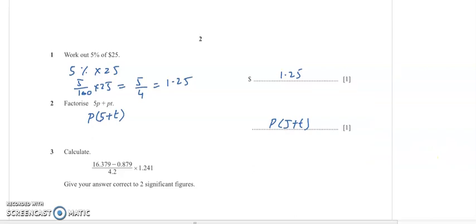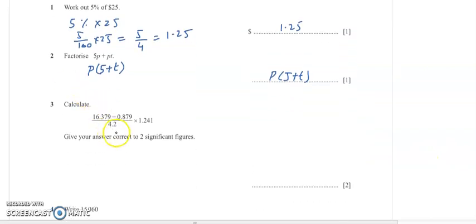Next one is we need to calculate this and give your answer correct to two significant figures. So first what we need to do is solve this factor, 16.379 minus 0.879 divided by 4.2. You can use your calculator, there is no restriction.